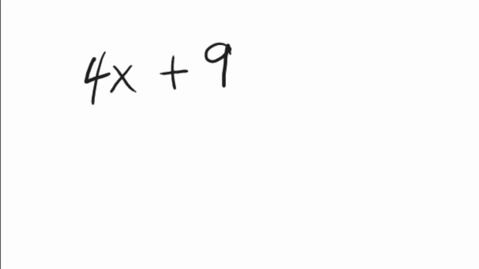Let's look at the term first. A term could be defined as either a variable alone or a constant alone or a combination of a variable and a constant that is being separated by addition or subtraction.